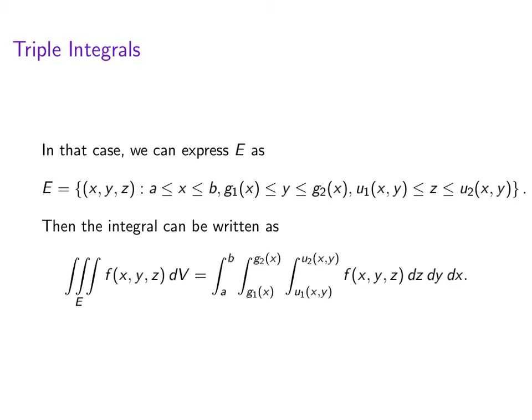It's the integral from a to b, that's the outer integral with respect to x, of the integral from g1 of x to g2 of x, that's the middle integral with respect to y, of the integral from u1 of xy to u2 of xy, of the function f of xyz, and that innermost integral is with respect to z.